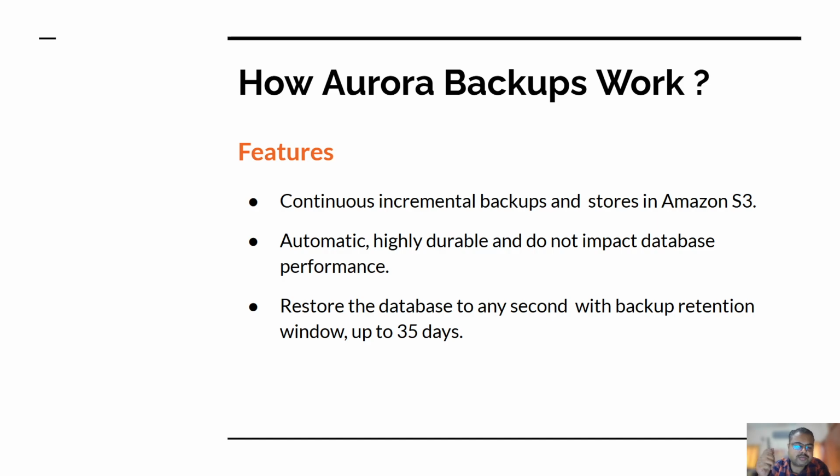So the key points are: continuous incremental backups stored in Amazon S3, automatic, highly durable, and no impact on database performance, with restore to any second within a backup retention window of up to 35 days.